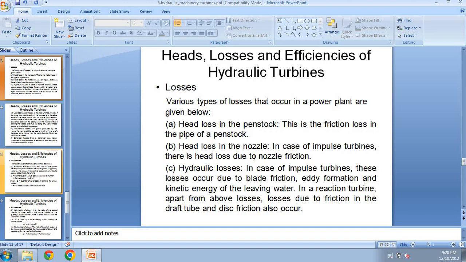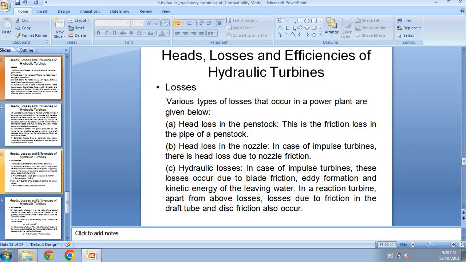So we can consider head loss in the penstock, head loss in the nozzles, and head loss in the turbines, maybe in the form of eddy formation, or friction losses in the blades, or some losses in the draft tube, or energy lost through the leaving water. That we consider as hydraulic losses.